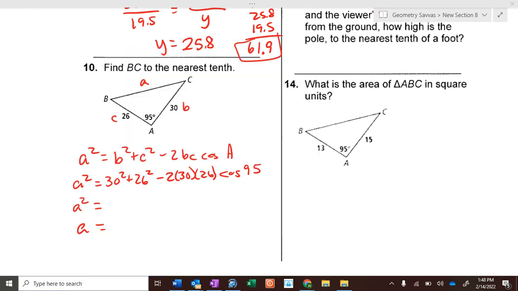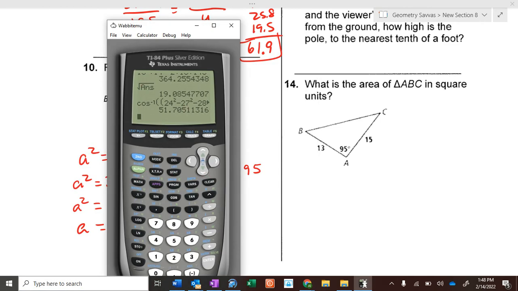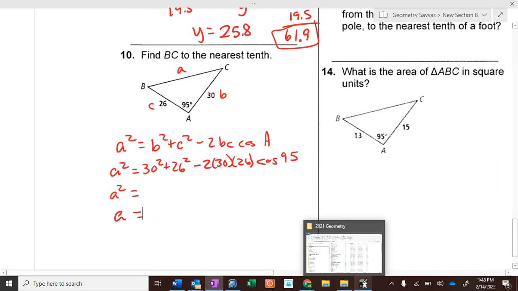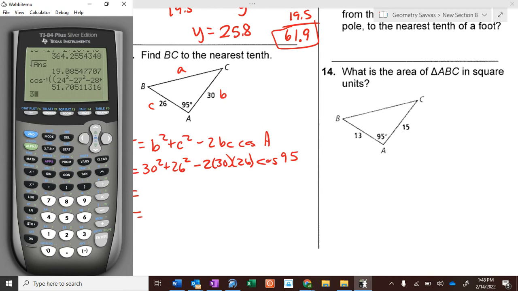I'm going to get out my handy dandy calculator so I can be figuring this out with you guys. So it's 30 squared plus 26 squared minus 2 times 30 times 26 cosine of 95.